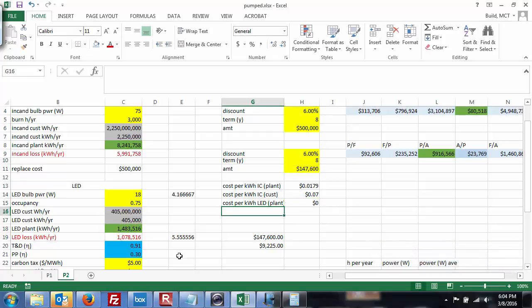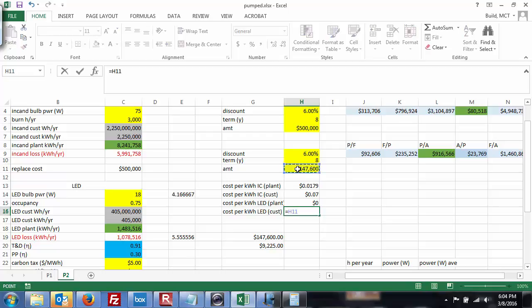Yep. Cost per kilowatt hour LED customer equals cost. And this is basically lost revenue because they're saving. Customer.